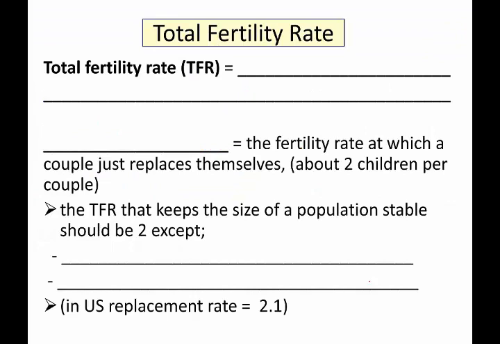Since the 1970s, the growth rates in many countries in the world have been decreasing. In fact, the global growth rate has decreased partially due to a steep decrease in birth rates. To understand this, we need to look at something called total fertility rate.